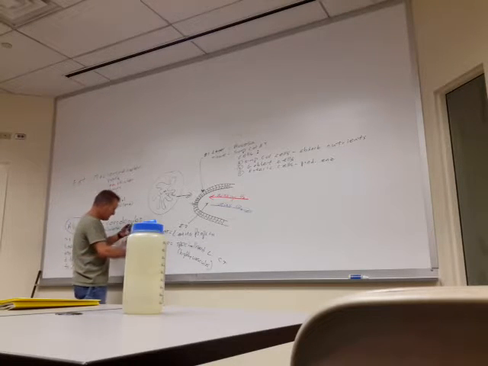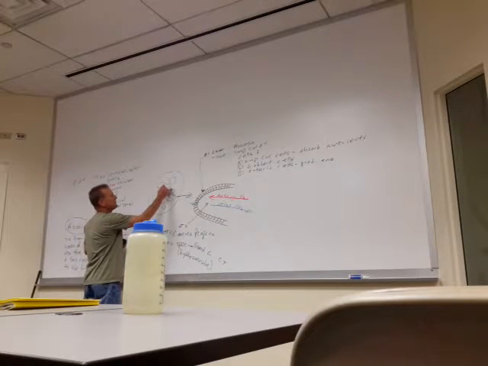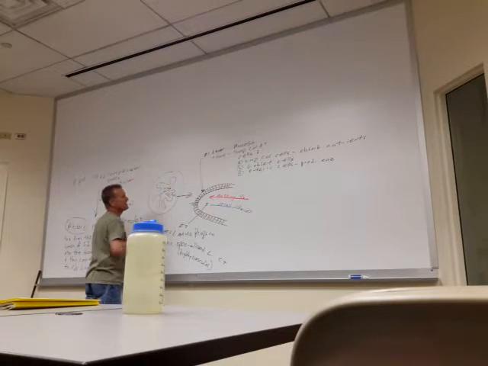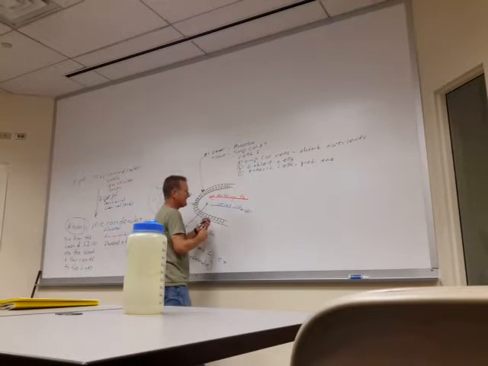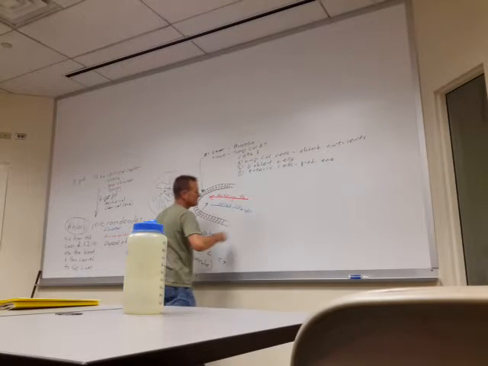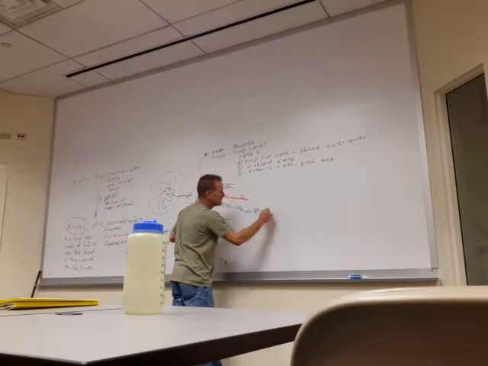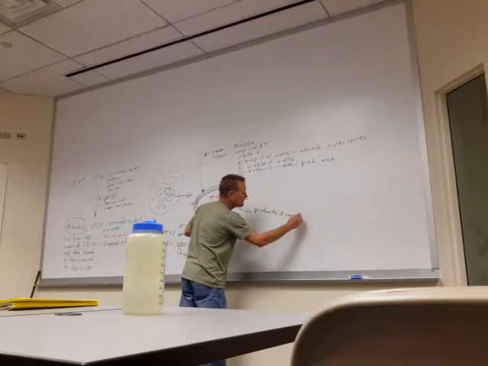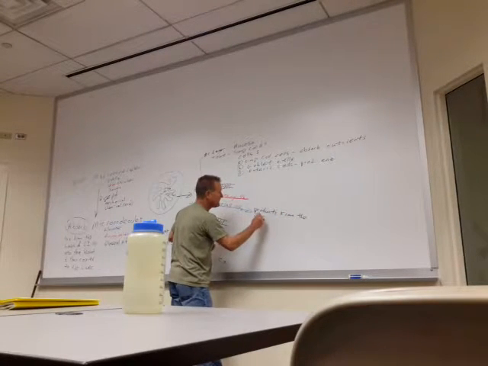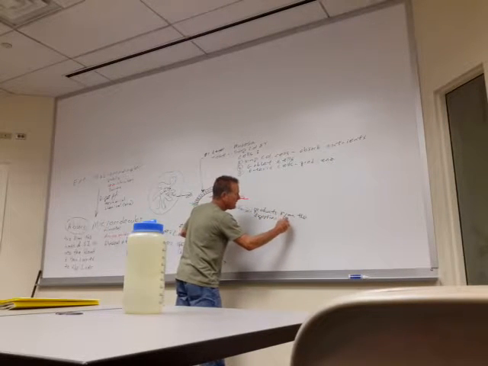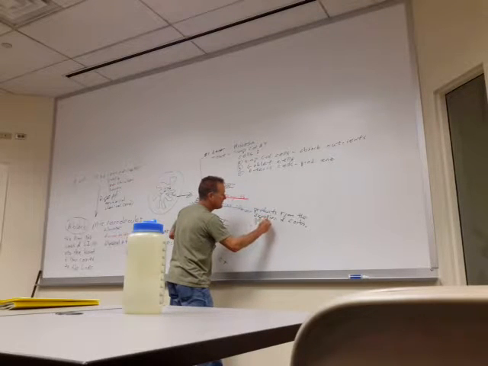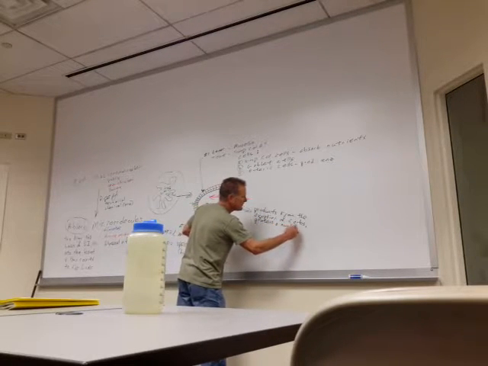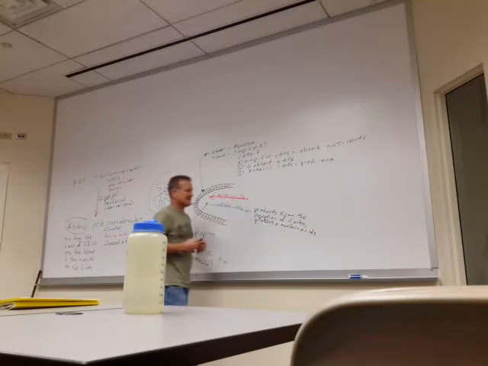So the glucose molecule, say in here, gets transported across the mucosa into the lamina propria. So these little veins have the products from the digestion of carbohydrates, proteins, and nucleic acids.